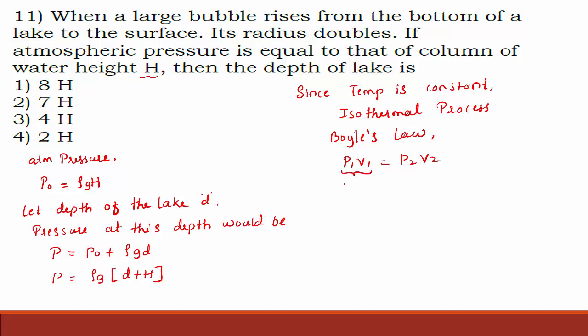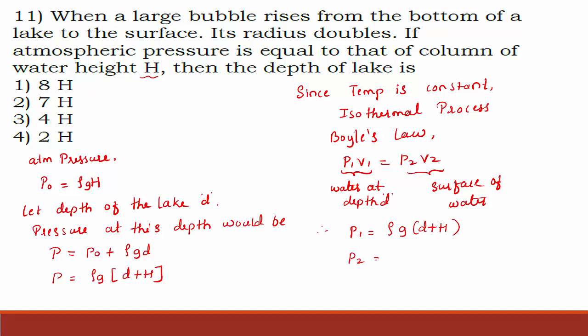This part indicates water at depth D, and number 2 indicates surface of water. Hence, substituting all the values, P1 is equal to rho g into D plus H, and P2 I can take as rho g H. This is water at the depth D and this is surface water.